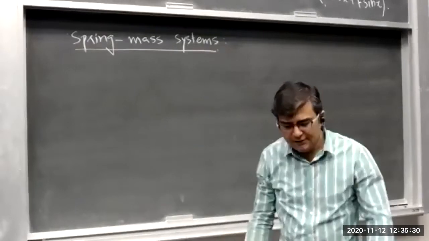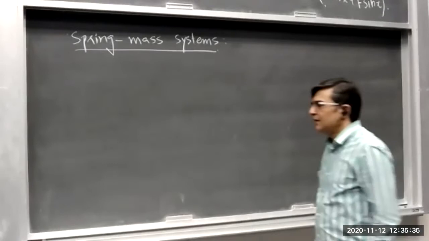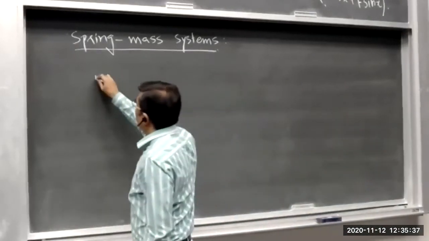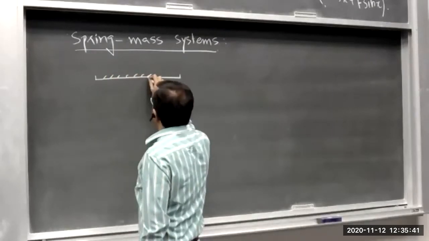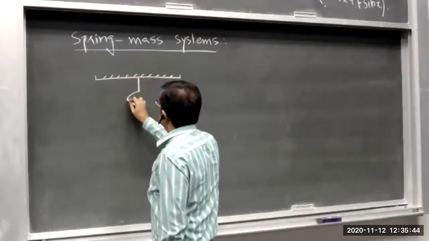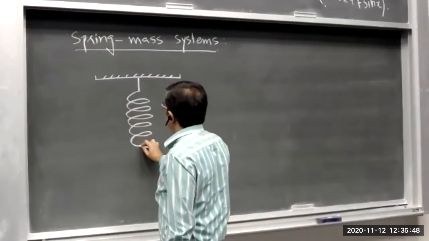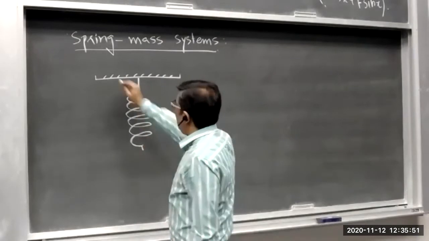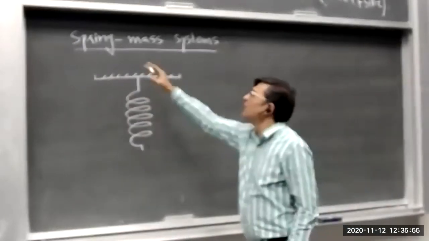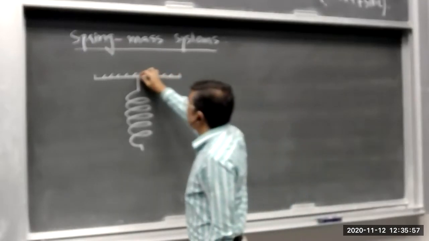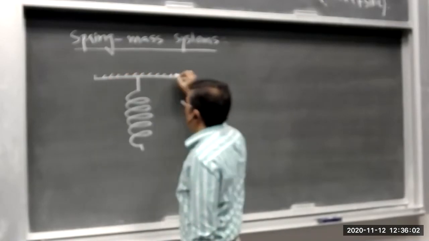Spring mass systems are basically the systems where a spring, for example, is attached to a rigid wall, or you can say that this spring is hanging and it is fixed with this fixed or rigid wall.